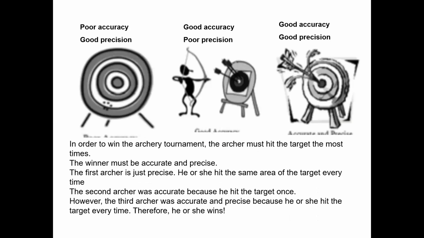Okay, now out of these guys, it's just explaining to you that in order to win this archery tournament, the archer must hit the target the most times. The winner must be accurate and precise, right? And in order to look at them, you look at the first archer, it's just precision. They hit the same area, the target every time, but not the right place. The second archer was accurate because he hit the target once.